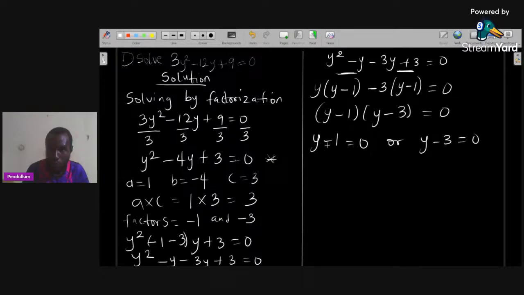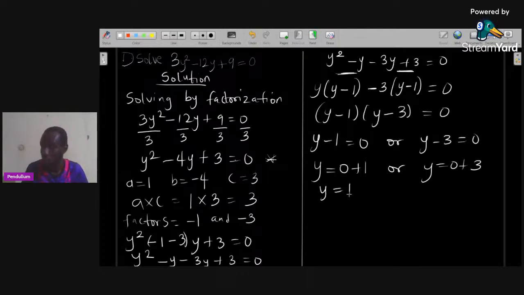So make y the subject of formula by taking this number to the other side. And so we have y is equal to 0 plus 1 or y is equal to this minus 3 will also cross 0 plus 3. Remember, when minus crosses the equality sign, it becomes plus. And when plus crosses the equality sign, it becomes minus. So that's why this minus becomes plus.